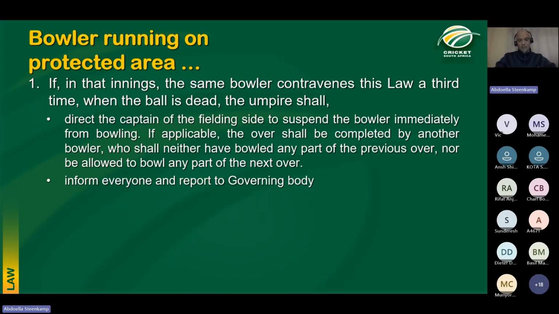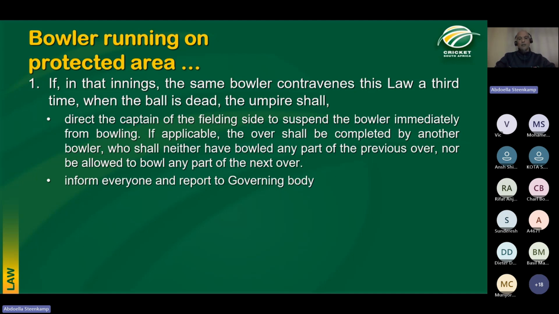So the point I'm trying to make is, practically the match situation will dictate how you handle this. Even though the law doesn't say take the match situation into account, give friendly warnings or speak to the bowler, you do need to take the match situation into account before applying this. Initially try to work with the bowler, especially if it's early in the game.